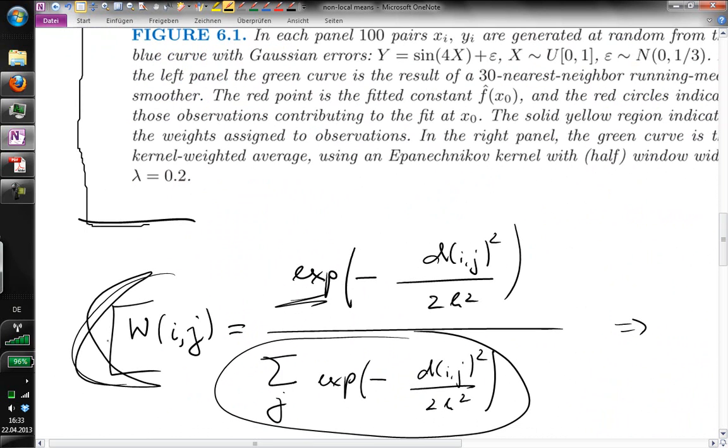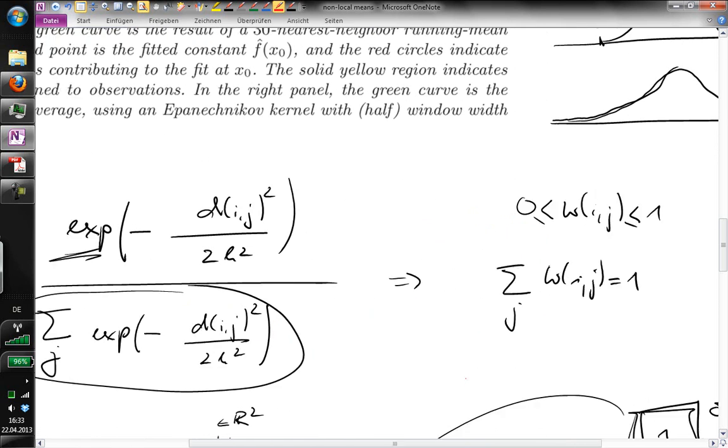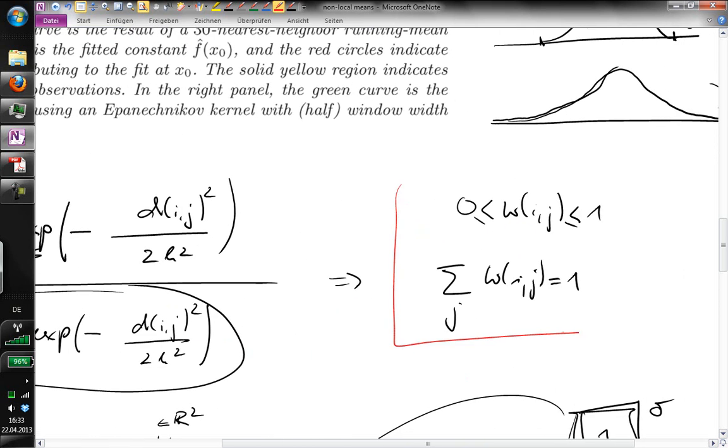So we use this Gaussian function here to argue what I consider still as similar or as dissimilar. And then the denominator of this expression, I simply need to normalize to guarantee these properties here.